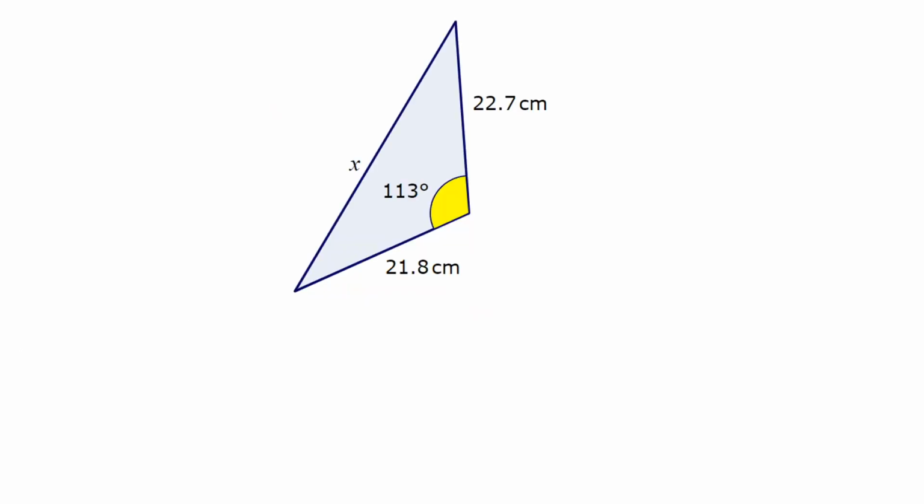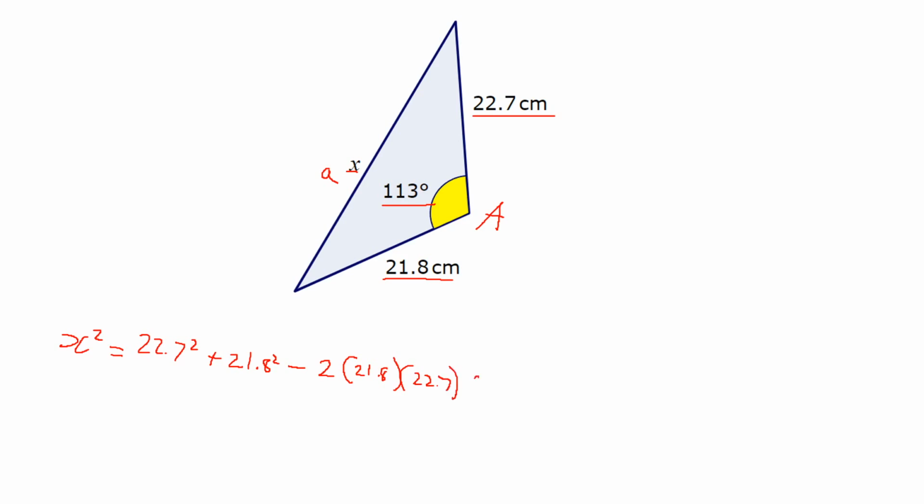Let's look at another example. Again, we've got two sides, an unknown, and an angle. That's cosine rule. So let's label. We've got A and A, and B and C don't matter. So x squared is going to be equal to 22.7 squared plus 21.8 squared minus 2 times 21.8 times 22.7 cos 113.